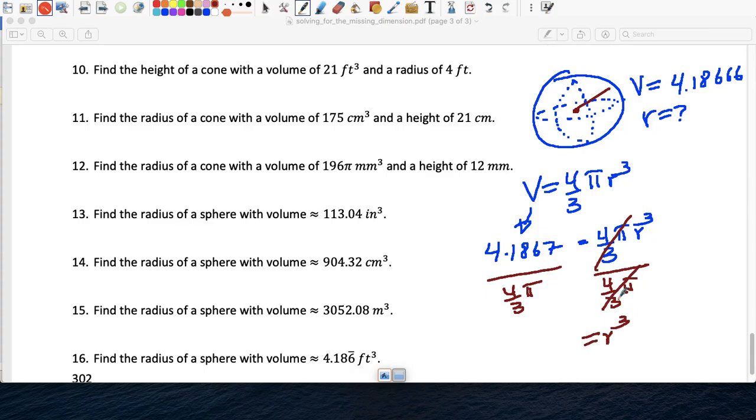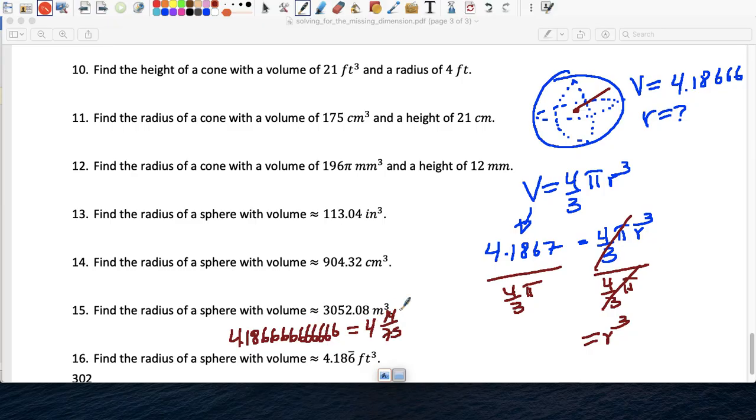We get r cubed equals 4.186666666. If you change that to a fraction, so if you take 4.186 and put this in your calculator and do all the work, this changes to 4 and 14 over 75.